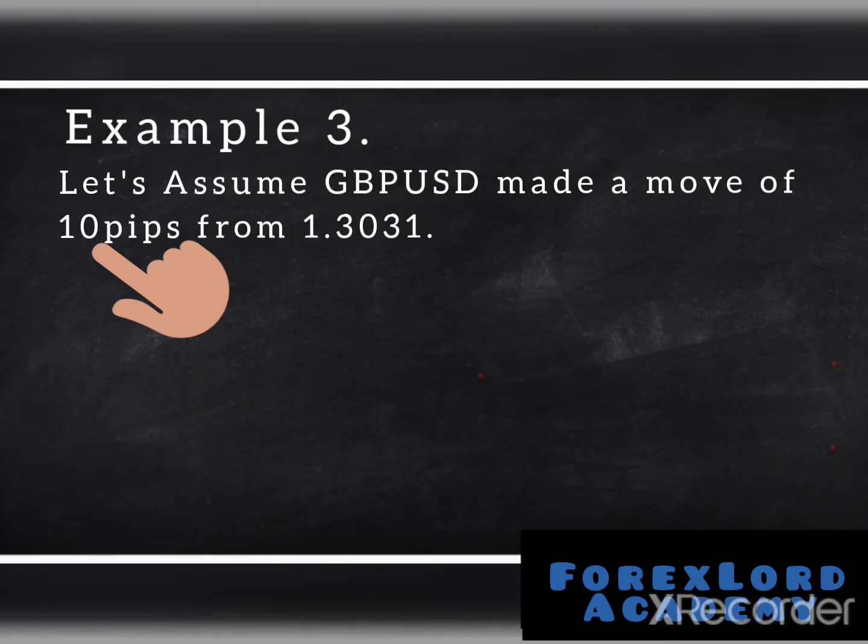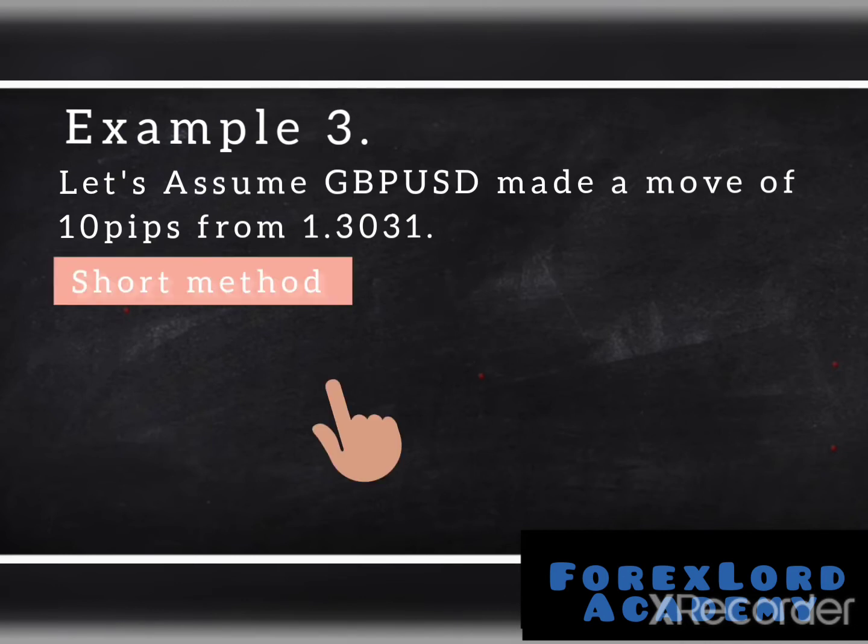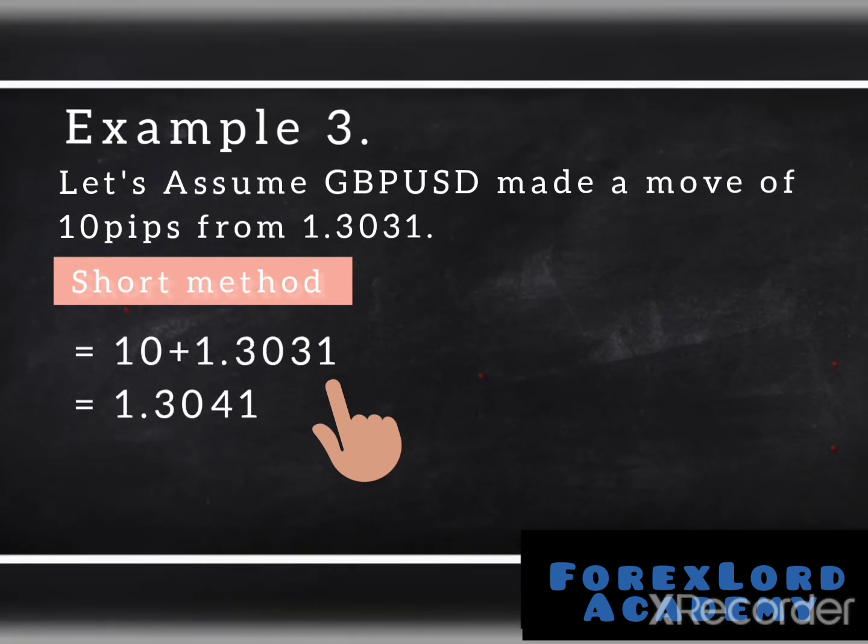How then do we get this answer? Most of us will just quickly say, okay, let's do the short method: 10 plus the fourth decimal place, 11, right? You start seeing some complication there for those who don't do maths very well. That is where this long method comes into play.